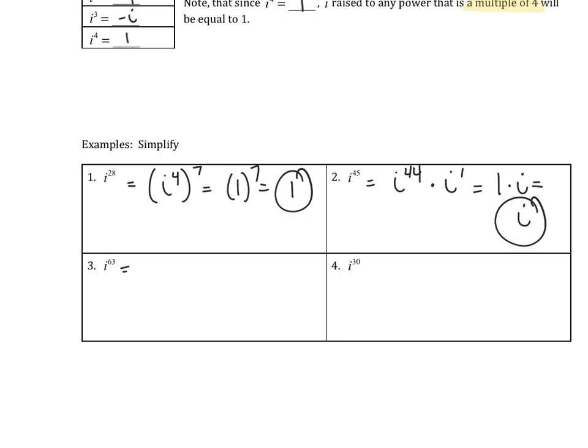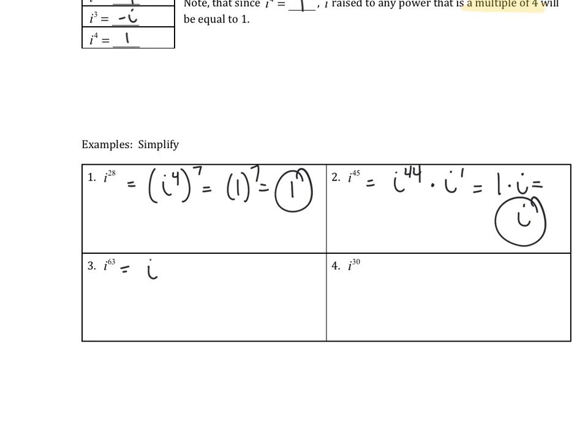63, again, is not a multiple of 4, so I'm going to find the closest multiple of 4 to 63. If you take 62 and divide it by 4, it doesn't go in. But if you take 60 and divide it by 4, it does go in.